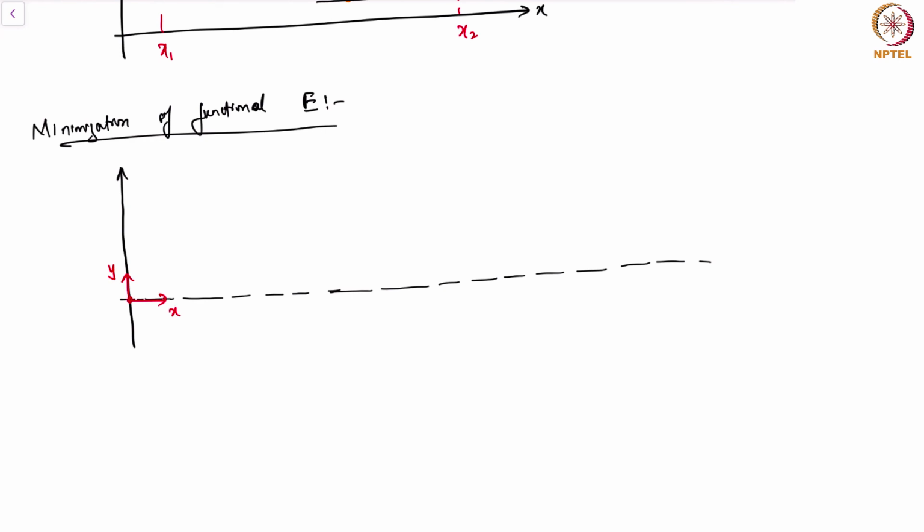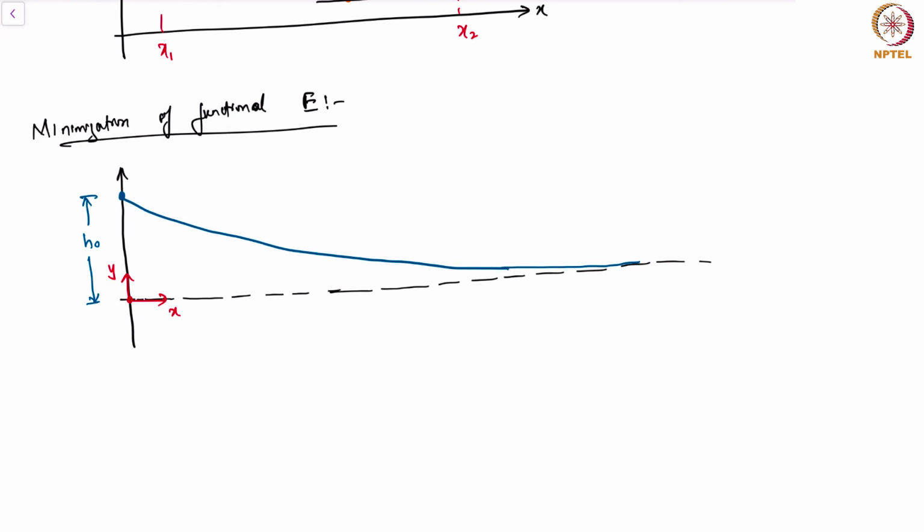I know that the meniscus, let's say I prescribe that the meniscus will basically start at this location, that is at h0. Now, what I want to do is find out the shape of this function which will give me the lowest value of energy E.